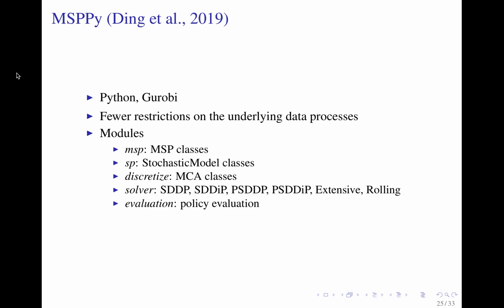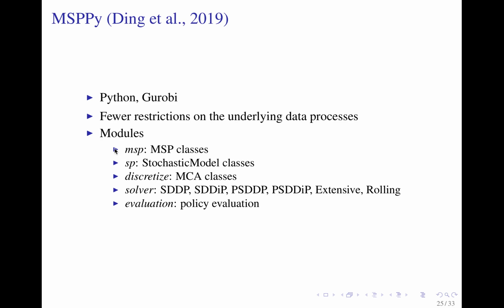Now, just to tell you a little bit of structure, MSPPy is composed of 5 modules, and MSP class represents a multi-stage stochastic program, and SP class represents an individual stochastic stage problem.